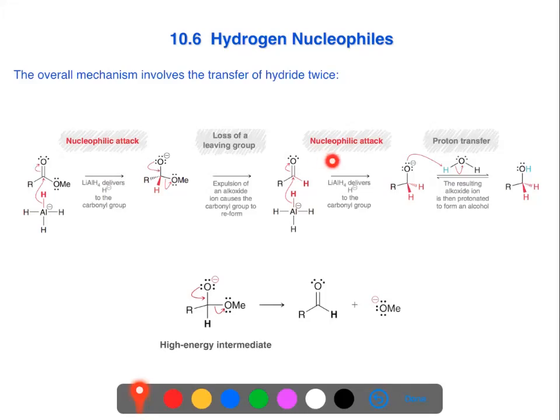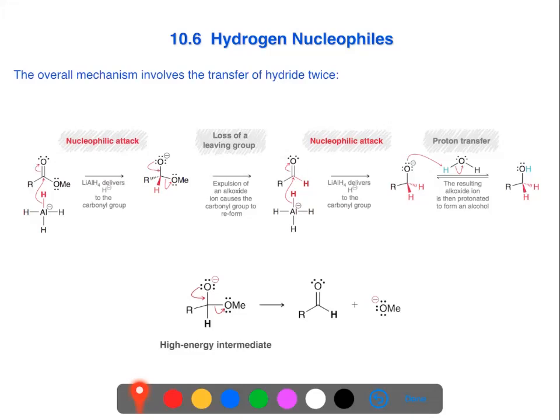So we see nucleophilic attack, that is delivery of the hydride reagent to the carbonyl carbon, formation of the tetrahedral oxide intermediate, and then once we're fairly certain that we've converted all the original ester to the oxide intermediate, we'll then do a water quench where we will transfer a proton from water to the tetrahedral oxide intermediate to give us our final alcohol.